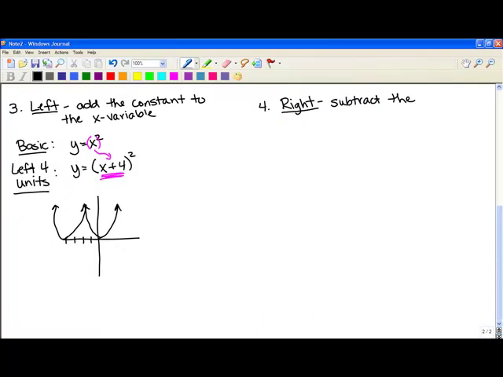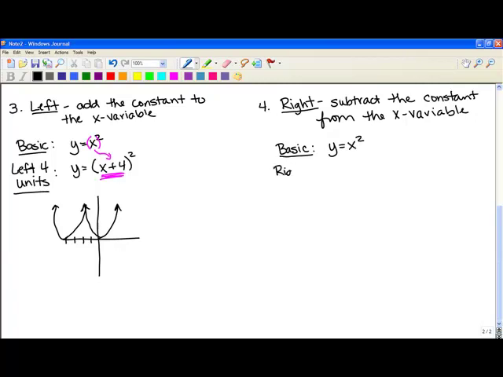Now the fourth type of transformation is moving a graph to the right. To do this, we subtract the constant from the x variable. Now, taking a look at the basic graph one more time, it's y equals x squared that we're looking at.